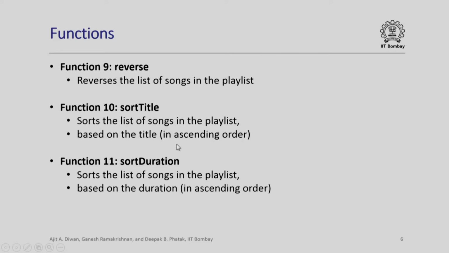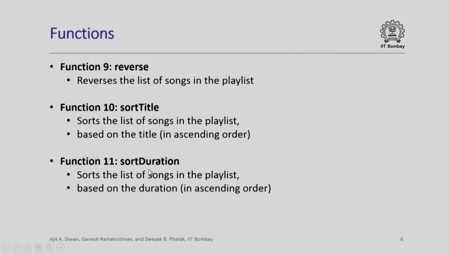We have additional functions such as reverse to reverse the list of songs, and sort on title, which will sort the list on the titles of the playlist. As I mentioned, it will sort in ascending order, but it is a toggle. So, if you press it again, it will sort in the other direction.